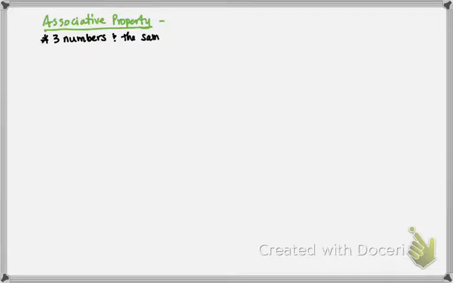So we're going to be working with adding, subtracting, multiplying, dividing, our operations. And so this says we have 3 numbers and we're all adding, or we're 3 numbers and we're all multiplying. Again, you might have to test out to see if subtraction and division work for associative property.